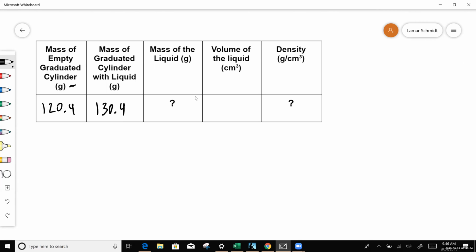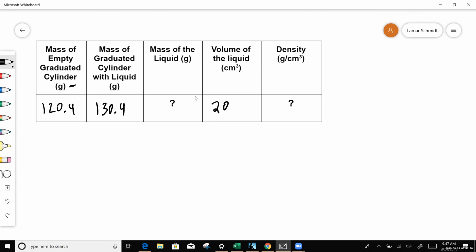Now, what if I asked you, what is the mass of the liquid? Oh, by the way, before we finish this, we're just making these values up. What volume do you want the liquid to be? 20? That's exactly what we used in our lab. So 20 cubic centimeters.